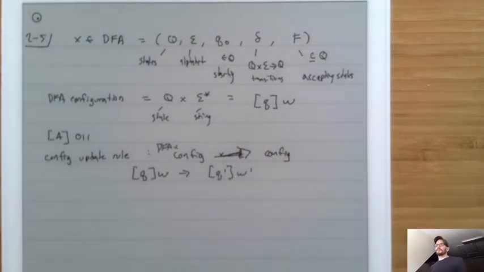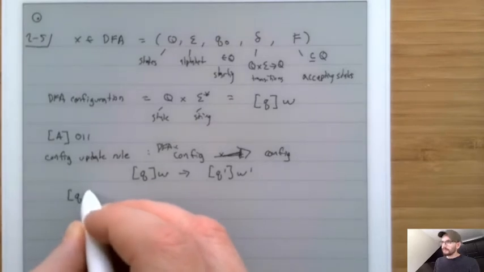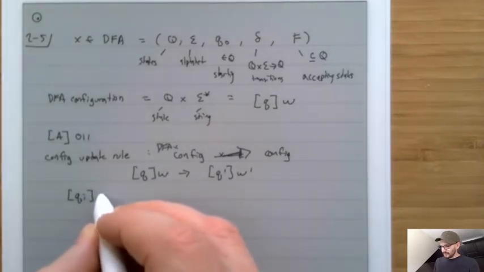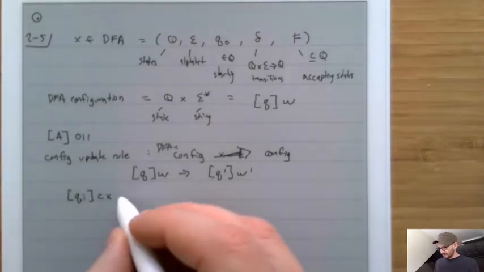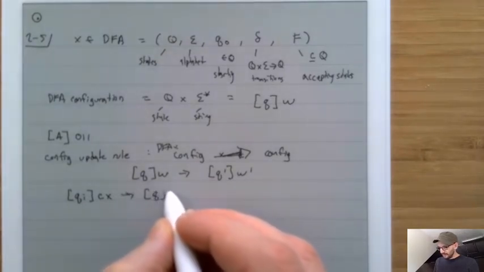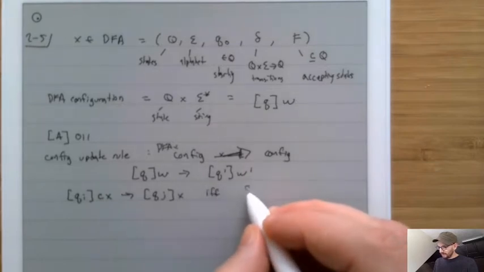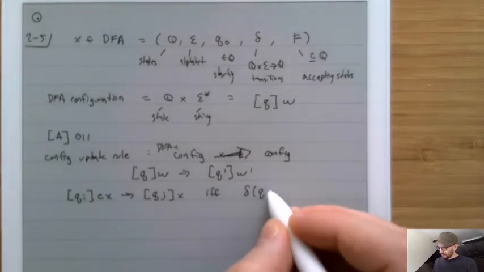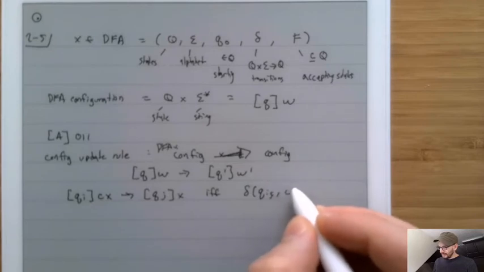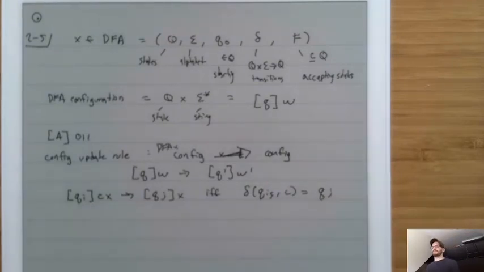And the definition of the configuration update function is very simple. It goes like this: Qi Cx arrow Qj x if and only if delta of Qi C equals Qj.